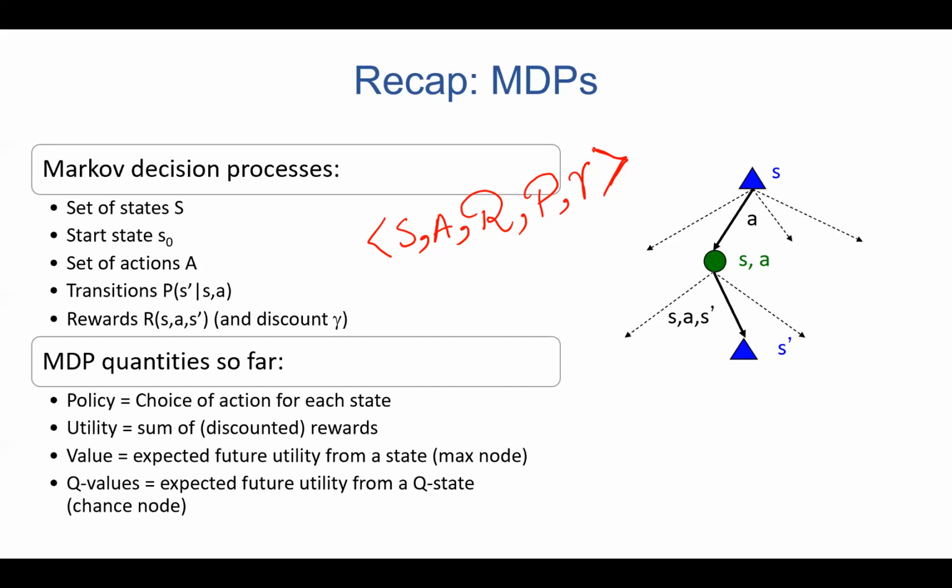We can take a certain action, but we're not sure where the environment will put us, which is why we have the expectation or chance node. We take a certain action, and then there's a probability distribution. There can be multiple states where we may end up. So that's why we have a chance node.